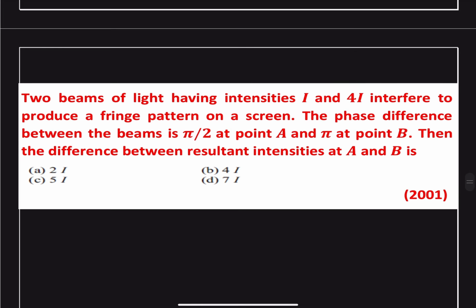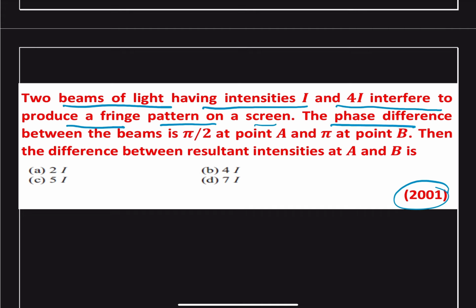Okay, next question. It was also asked in the year 2001, and it states that two beams of light having intensity I and 4I interfere to produce a fringe pattern on the screen.